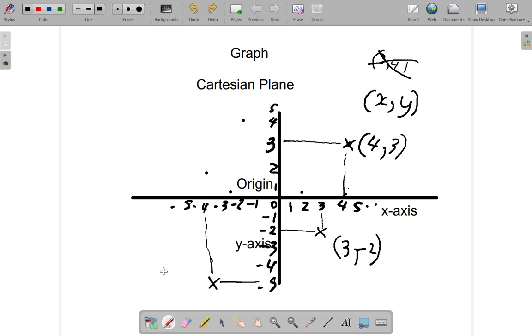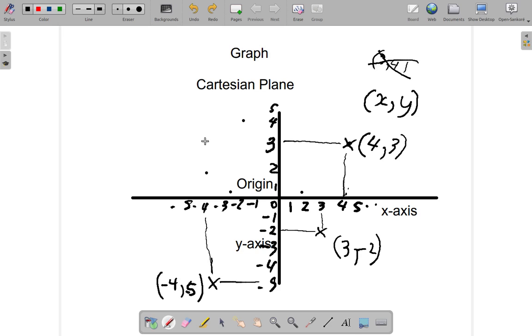So the coordinates of this point are, it lines up below negative 4 on the x-axis, so it's negative 4 comma, and it's beside negative 5, not 5, negative 5 on the y-axis. So the coordinates are (negative 4, negative 5).